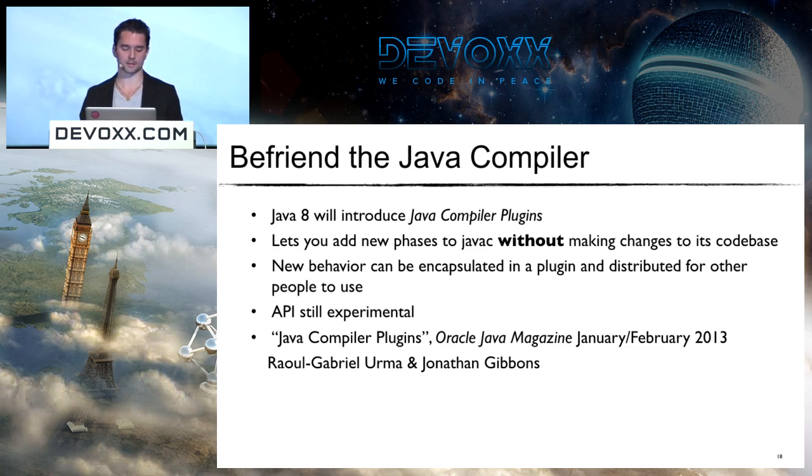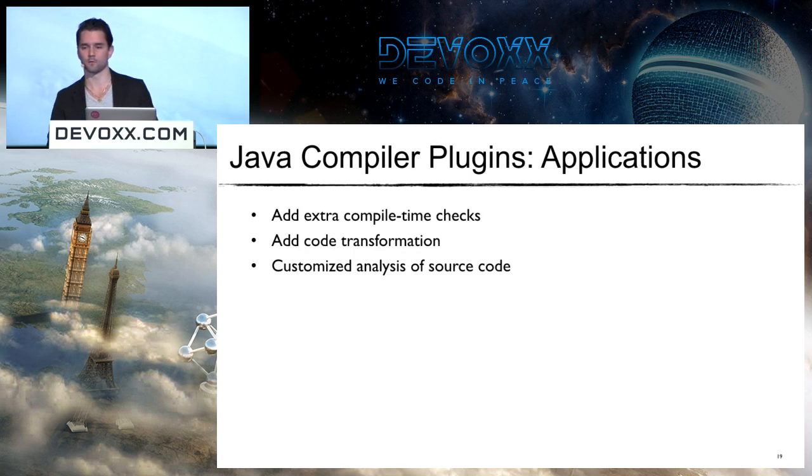The API is still experimental, so what I'm going to show may or may not work in the next months. But Jonathan Gibbons, who's the technical lead, has assured that it will work, so fingers crossed. There's an article about this functionality coming up in 2 months in the Java magazine, in case you'd like to read about this again. So what can you do with a compiler plugin?